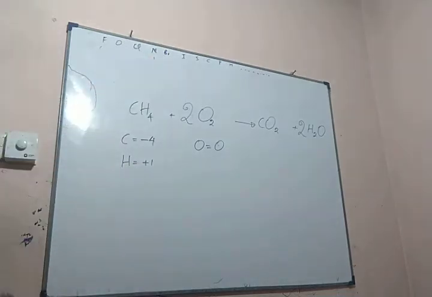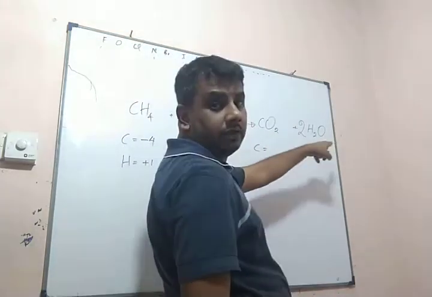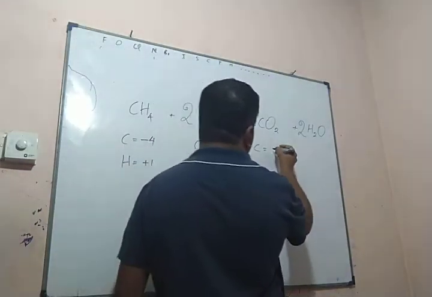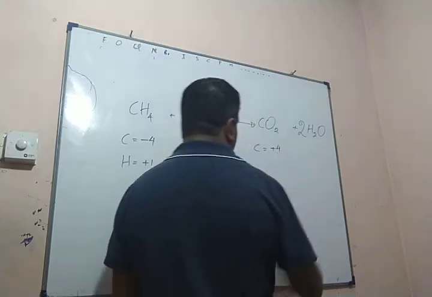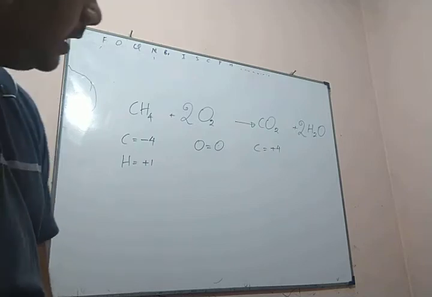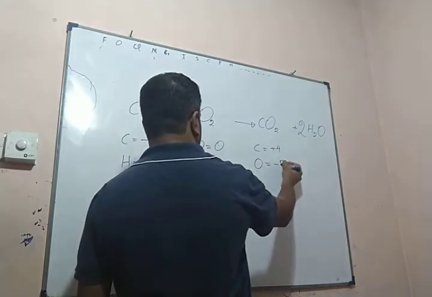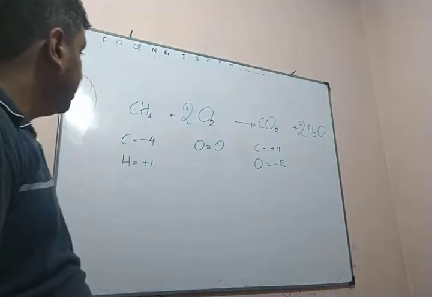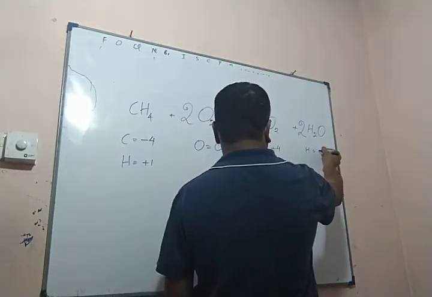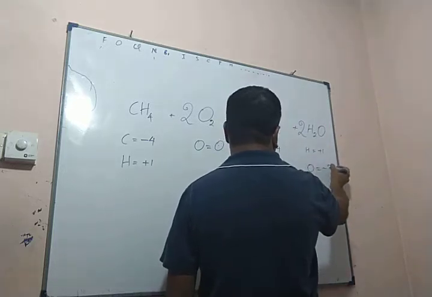And there, what's the oxidation state of carbon here? Plus 4, right? Oxidation state of carbon is plus 4. And here, oxidation state of oxygen minus 2, and oxidation state of hydrogen plus 1.